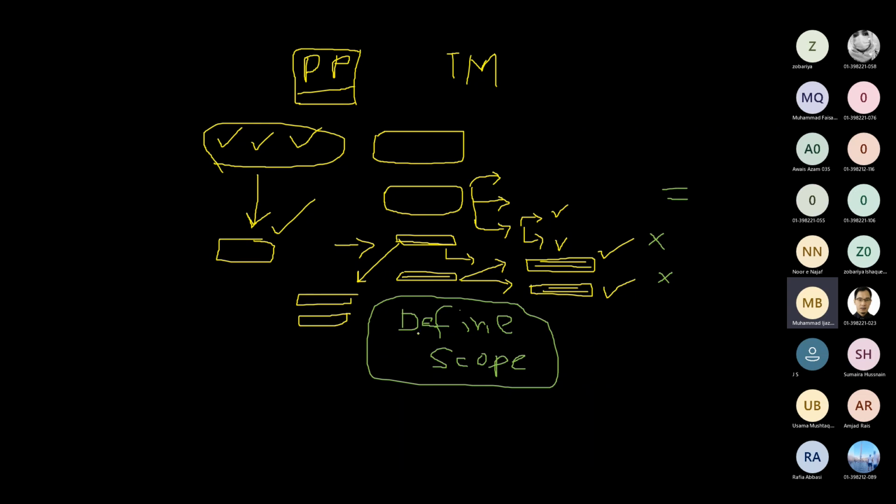Don't worry. So in the define scope process, we will get a scope statement, a detailed scope statement, which will include all the scope. When I say all the scope, it means we will have both the product scope and the project scope in it.